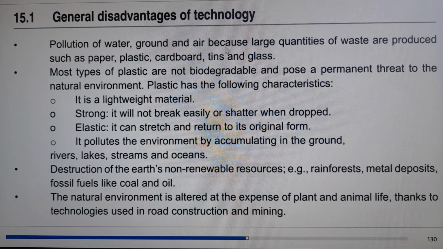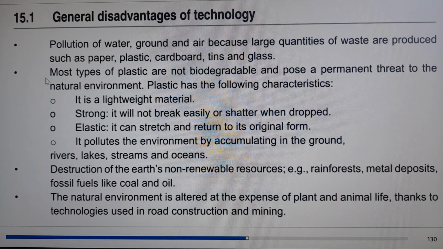As we are busy improving our products, we have so much waste, okay? So with that, we can pollute either water, ground, and air. So the first disadvantage of technology is pollution of water, ground, and air.